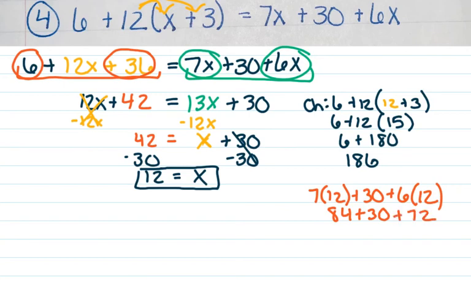And if we add them all up, again, you'll use your calculator for this. And you should get 186. I was using my calculator as well because I wanted to check my answers because that's what this is for. So 186 equals 186, so that works.